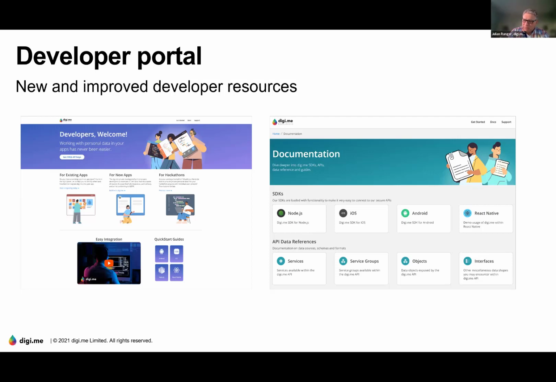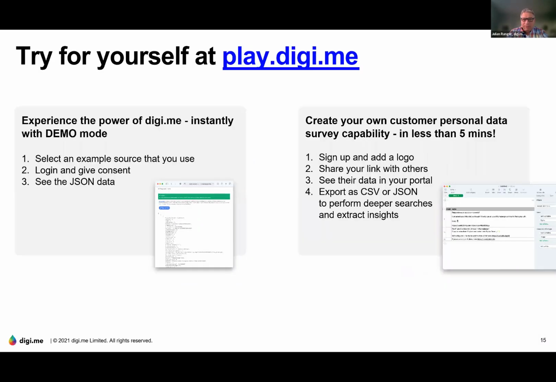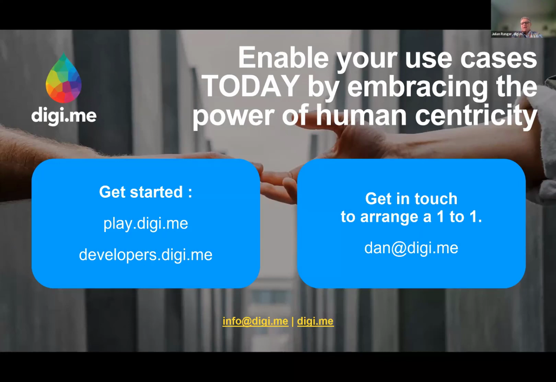We do obviously have support capability. So if you look at how to start, you can register on our Slack channels, etc. Tarek here is our CTO, who'll be able to answer any questions as well on how we support people. So you can try yourself at play.digi.me.